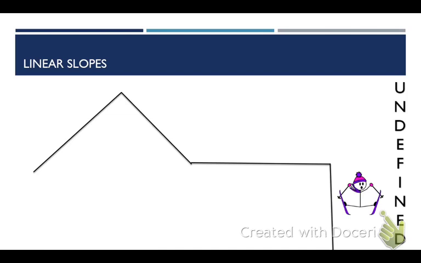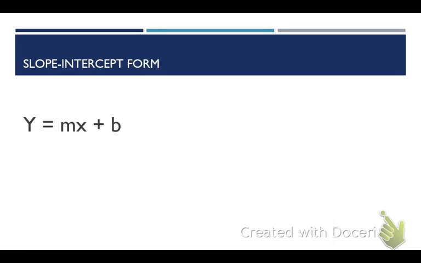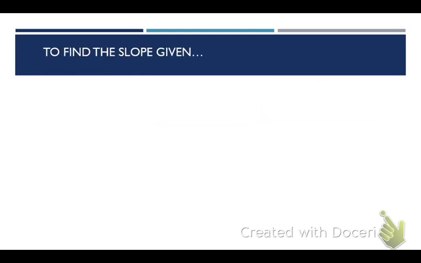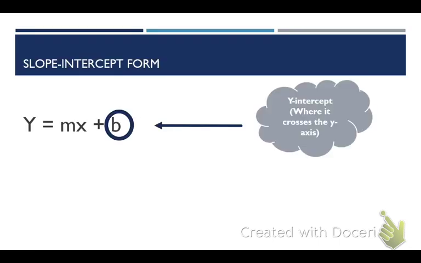But anyways, those are slopes. We're going to go back to the slope-intercept form really quick and talk about the other piece. We talked about slopes. Now we need to talk about intercepts. B is the y-intercept, so go ahead and write that in. B is the y-intercept.